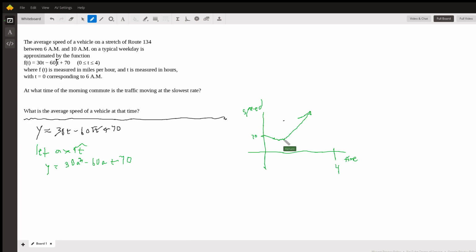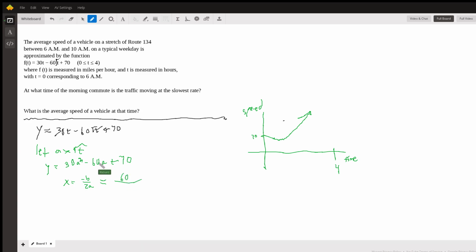So how do you find the minimum? Well, you can use calculus, but you don't need to. We just have to remember that x, the formula you're supposed to remember, is negative b over 2a. So I'm mixing my a's up here, but negative b is 60.